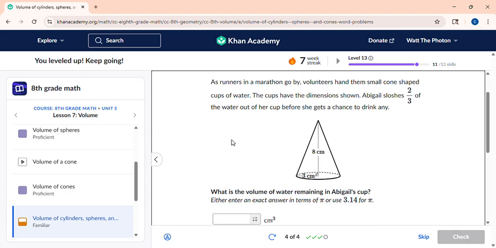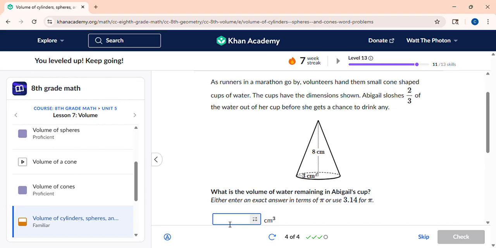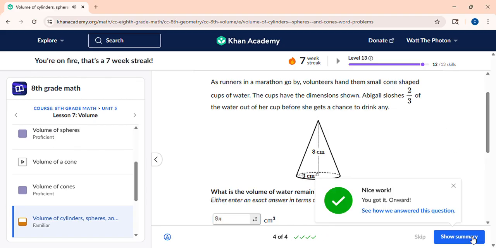So we have 3 squared, so it's 3 times 3 times 8 divided by 3. So it's 3 times 8. It's 24 pi. And then we multiply that times 1/3, and we get 8 pi.